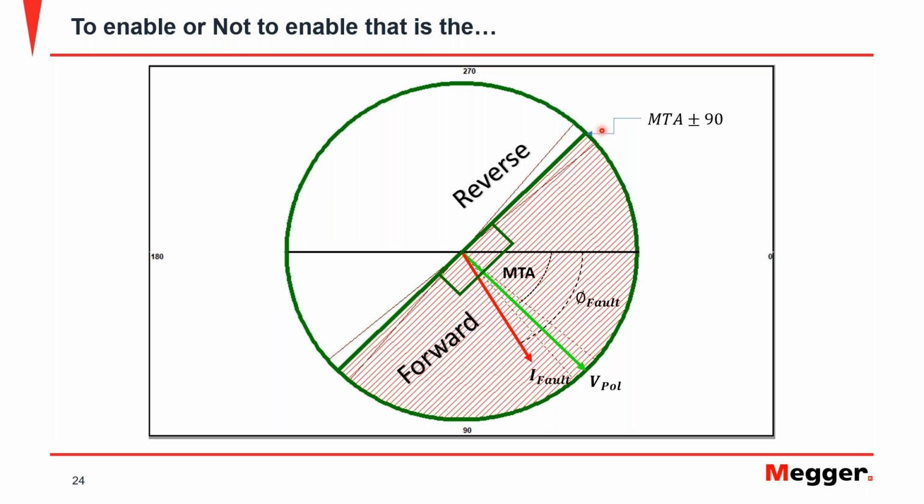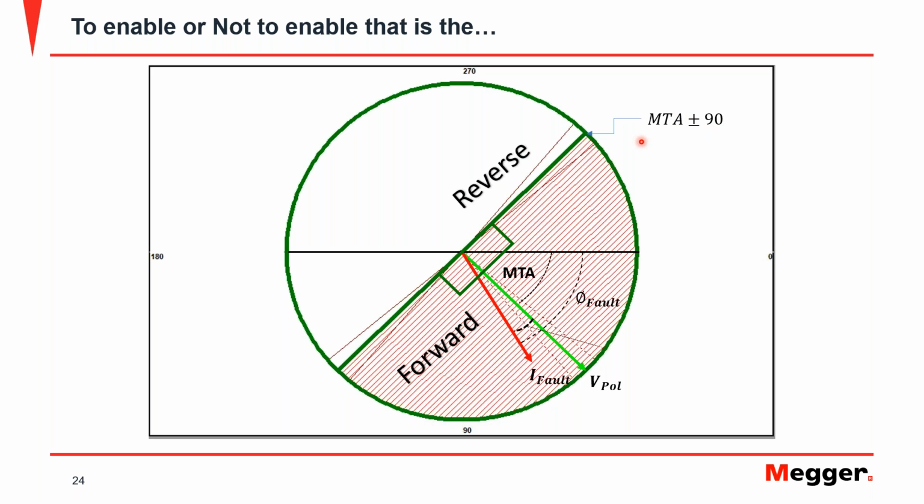We'll talk about that later, but the most common representation will be a split in half of the polar plane, where on one side you will have the forward decision, and on the other side you will have the reverse decision, and it's typically within plus minus 90 degrees of the MTA.